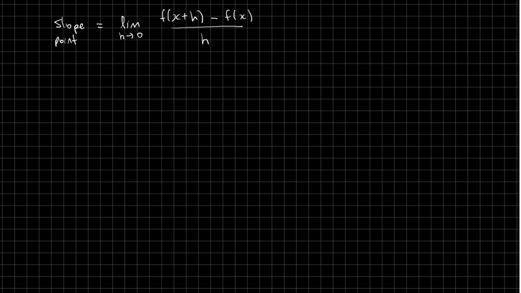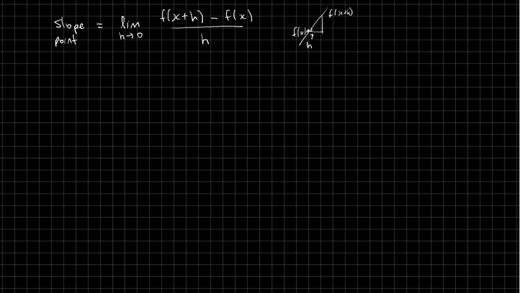And we found that we can consider a point on a line at f of x and then f of x plus h, and we can consider this to be the rise, and then the run is going to be h. And as h gets smaller and smaller, we get to the point where we approximate the slope at that particular point.